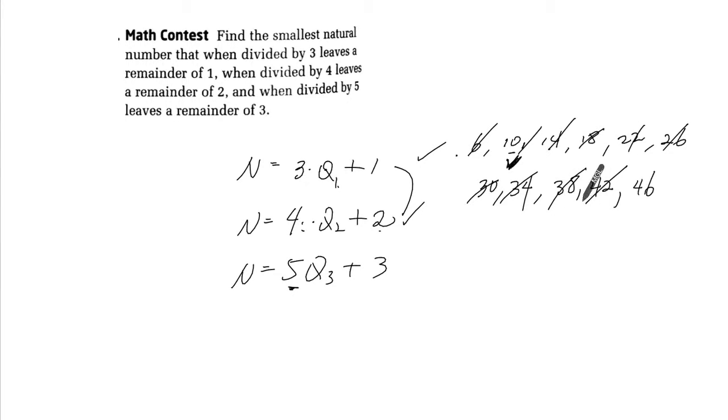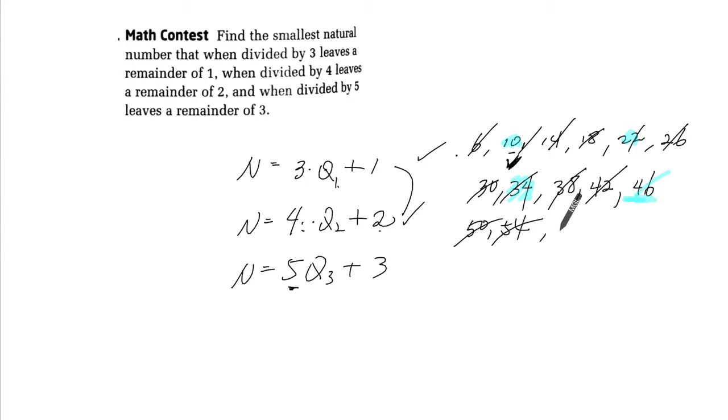Note that the first one we tried was 10, and the next one that worked with these two was this. So we have to skip 2, and we tried this one. Skip 2, now we're trying this one again. This won't work either because it only gives you a remainder of 1. Then we have to skip 2, so let's skip the 50 and 54.